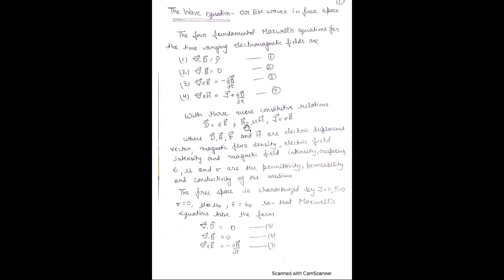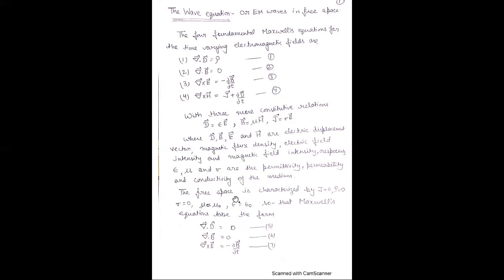Here epsilon is the permittivity, mu is the permeability and sigma is the conductivity of the medium. Now we derive EM waves in free space.